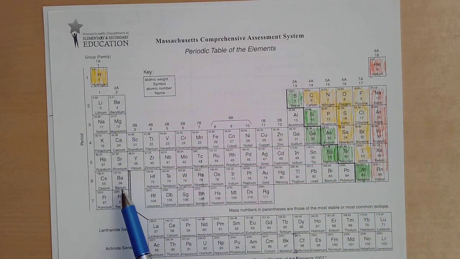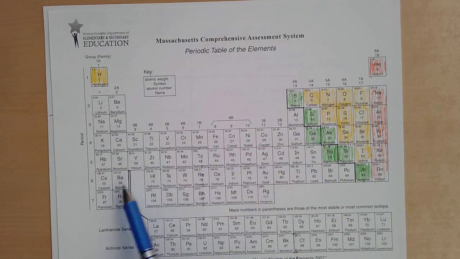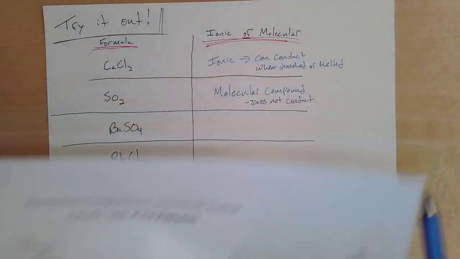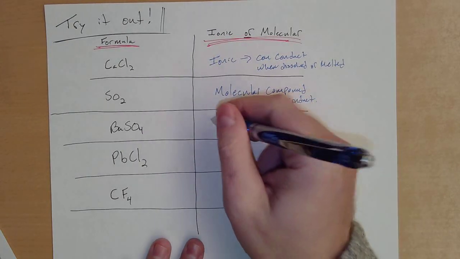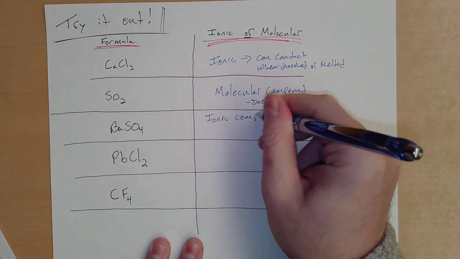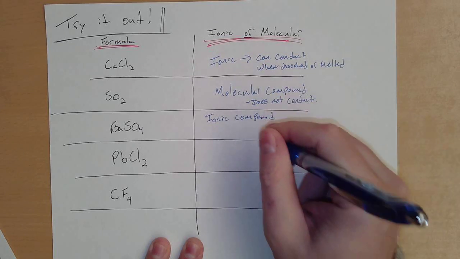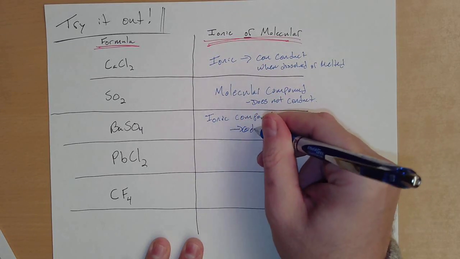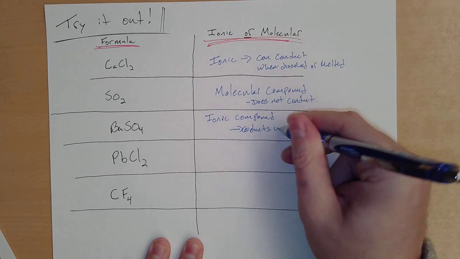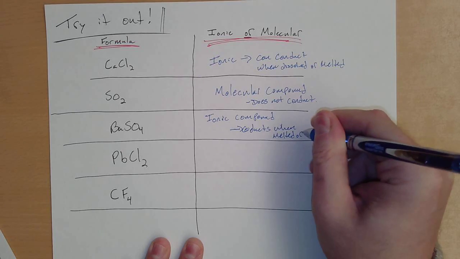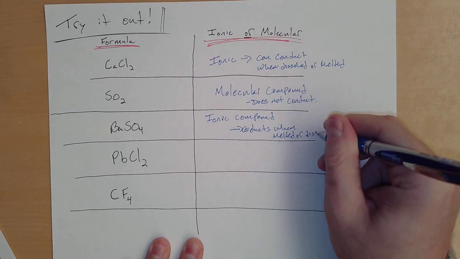So we have a metal mixed with two nonmetals, which still fits our definition of ionic compound. So we have an ionic compound. And then, again, it conducts when melted or dissolved.